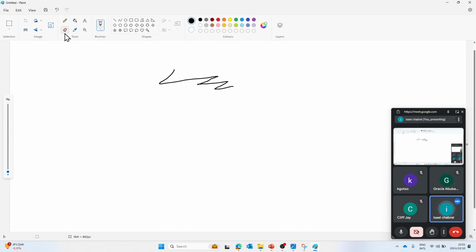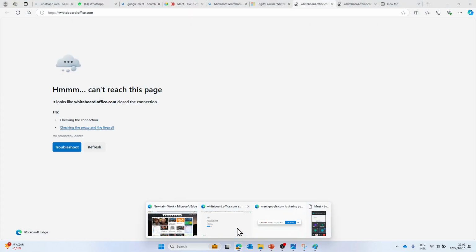Yeah, how does Paint work? This is the eraser. Yeah, this thing works the same. Okay, guys, are you with me? With Paint, 100%. We are using Paint here. Let's forget about Microsoft Whiteboard because it has been disappointing.